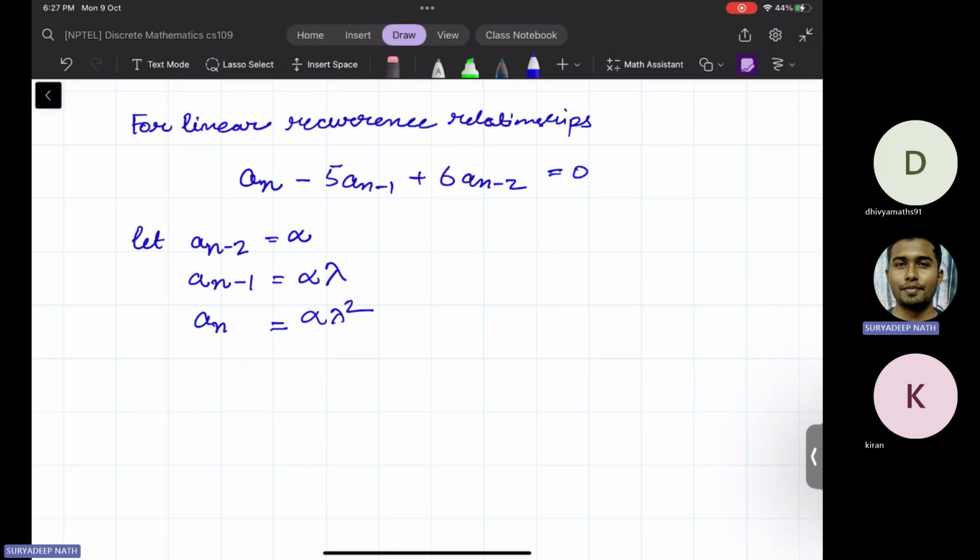Now if we plug this into the equation, we get alpha times (lambda squared - 5 lambda + 6) equals 0. So that gives us (lambda - 3)(lambda - 2) = 0.